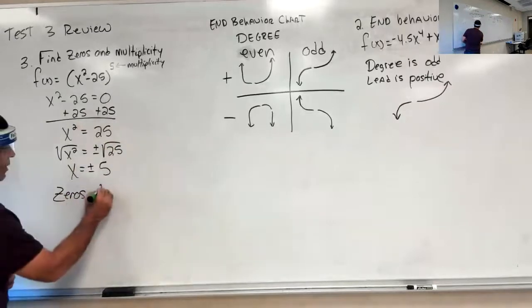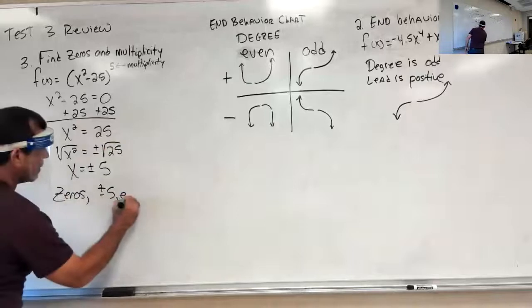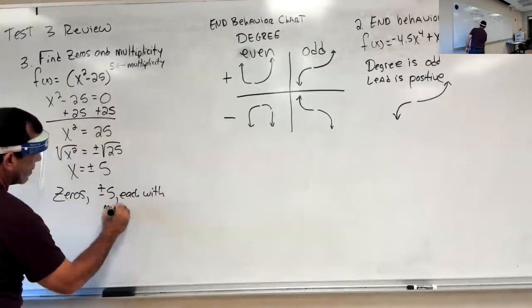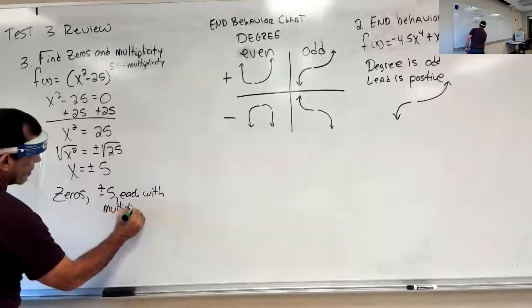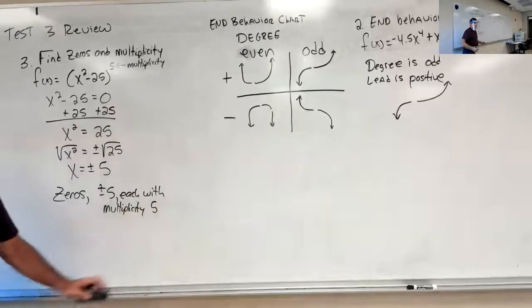So on there it would be plus or minus 5, each with a multiplicity of 5. Boy, these long words, multiplicity.